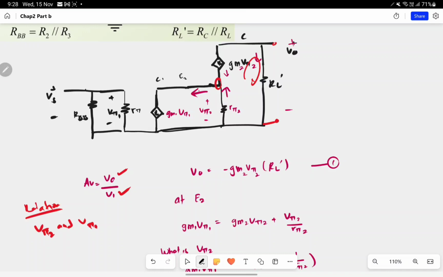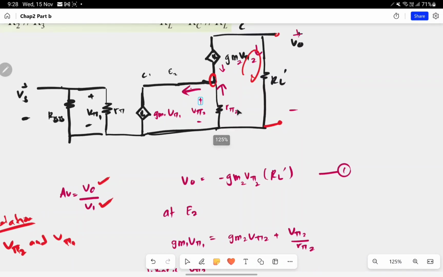So at E2, we know that the current flows in from GM1 V pi 1. So the current flows from GM2 V pi 2 plus the current from R pi. The current from R pi is equal to voltage over resistance, so V pi 2 over R pi 2.